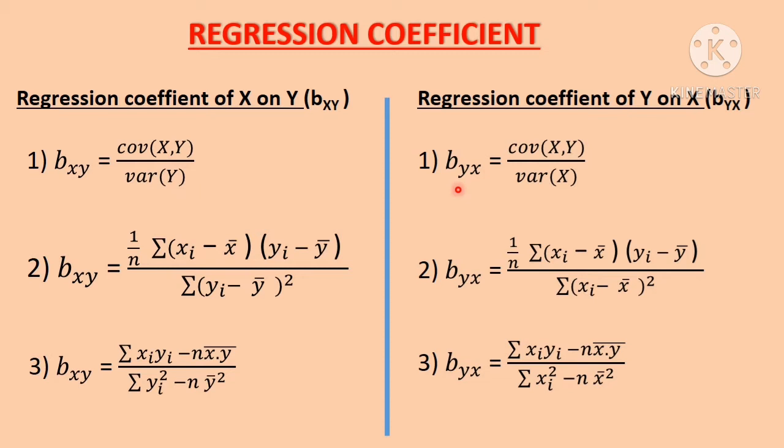And this side the coefficient of byx is given by covariance between x and y upon variance of x. The x variable comes last, so that same variable you have to take in the denominator for the variance. Over here this y is last, so in the denominator also you have taken the variance of y. This is how you can remember.